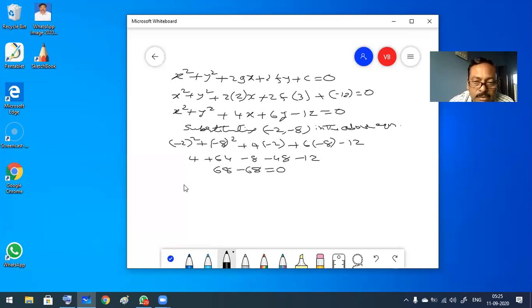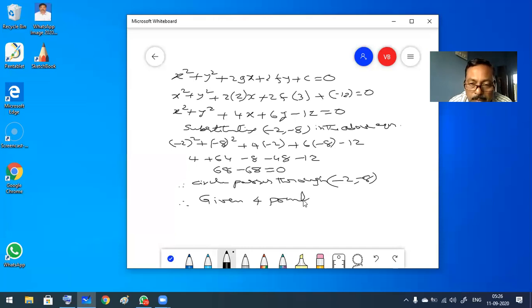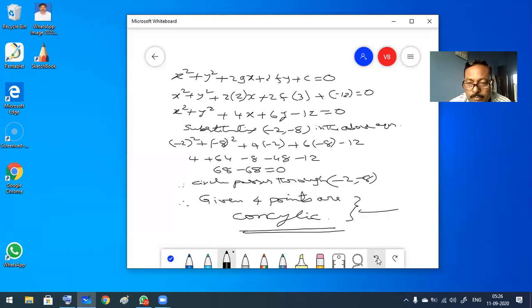Therefore the given 4 points are concyclic.